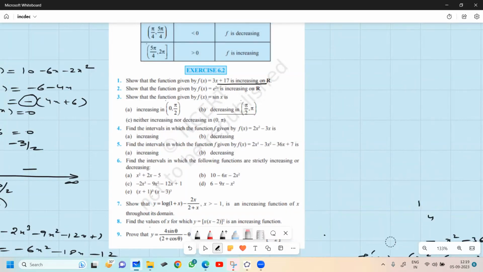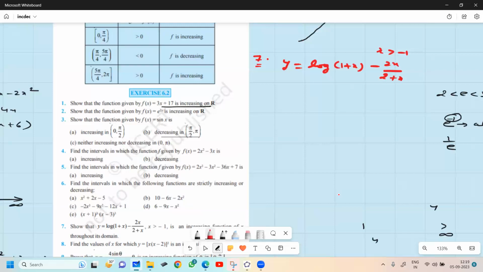Question number 7 is y is equal to log of 1 plus x minus 2x upon 2 plus x, x is greater than minus 1, is an increasing function of x throughout its domain. What is the domain? x is greater than minus 1 is the domain of this. Clear? Domain is mentioned over there.